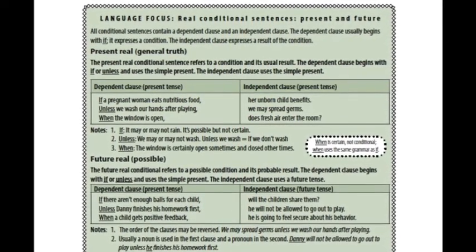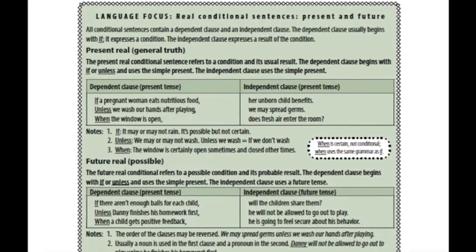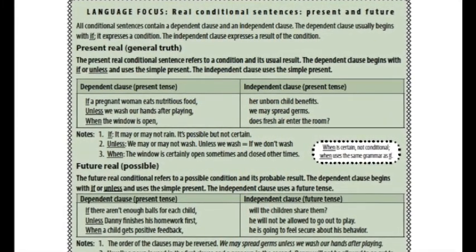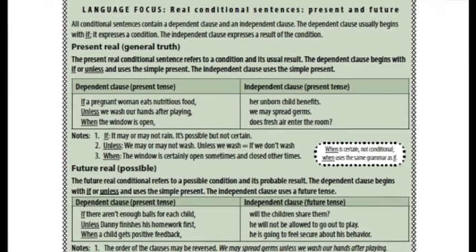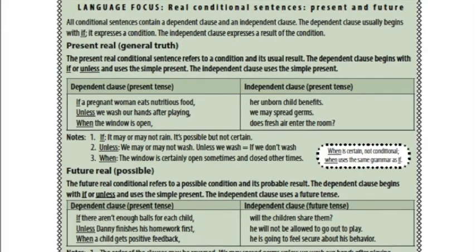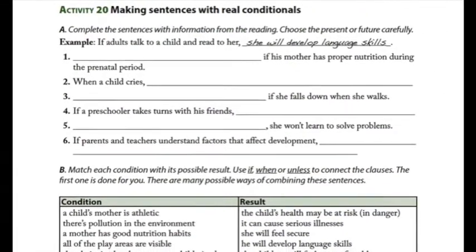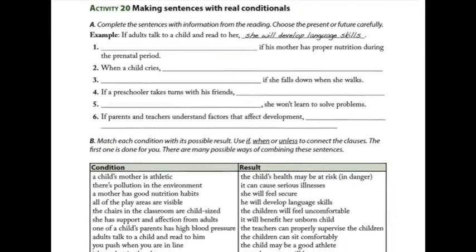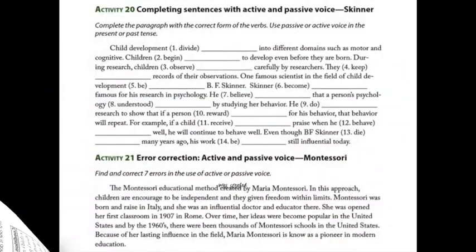These include grammar and syntax, vocabulary and expressions, and strategies and structures for specific language functions. Here is an example of a language focus box on real conditional sentences in present and past time. The language focus is followed by an activity on making sentences with the target structures.